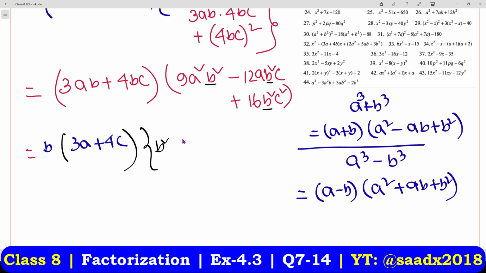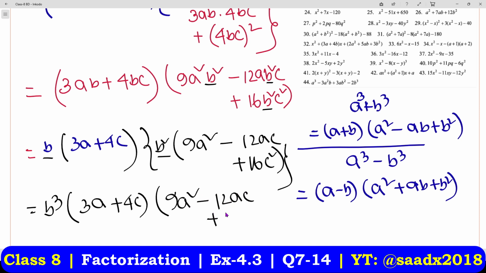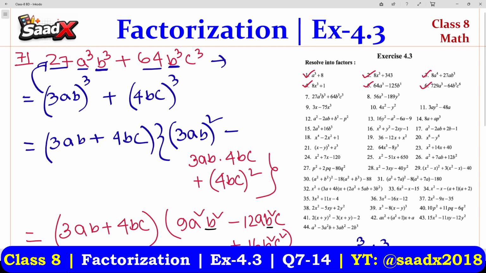So it will be b², then 9a² minus 12ac plus 16c². Now b and b² will be b³. So here is a b³ (3a + 4c), then (9a² − 12ac + 16c²). So number 7 done.